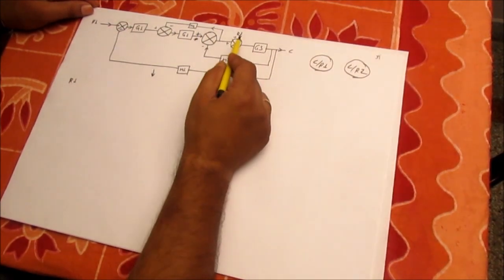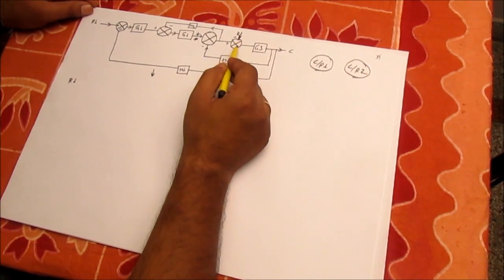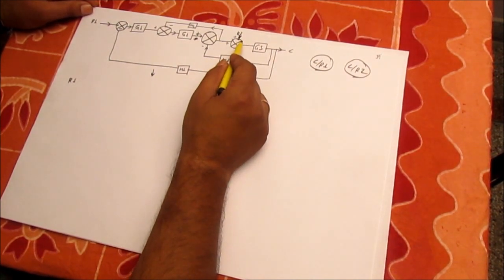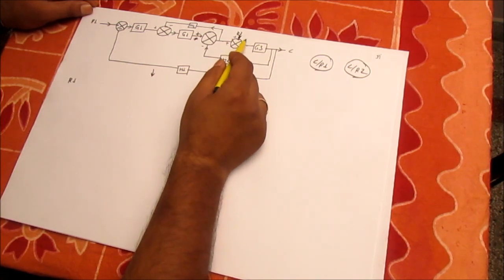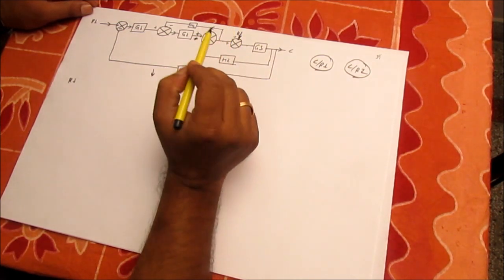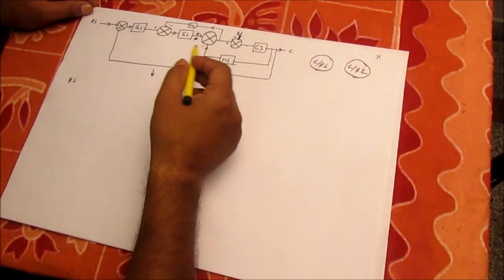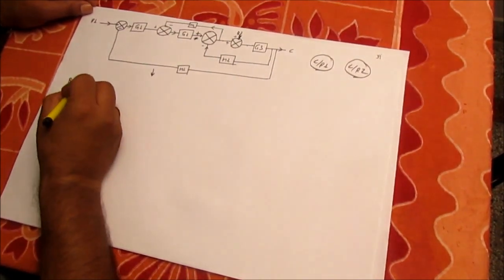As you can see here, if R2 is 0, then this point can be directly connected to this G3. So we can remove this summing amplifier here, and this block diagram will reduce to this new system.